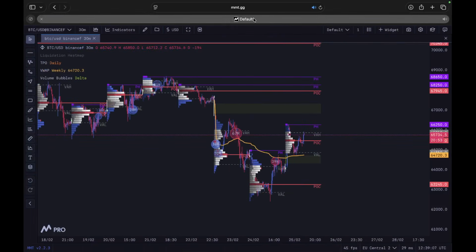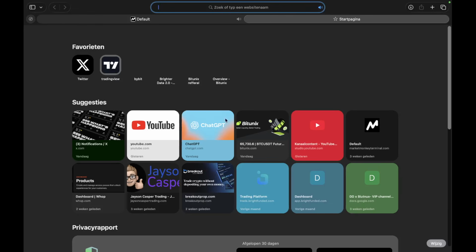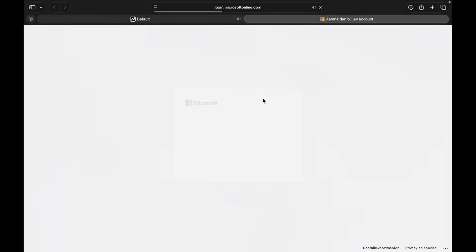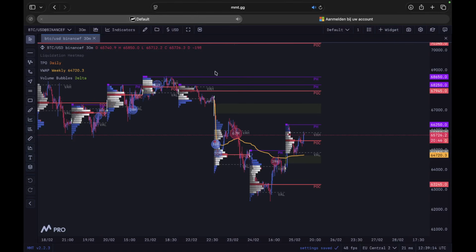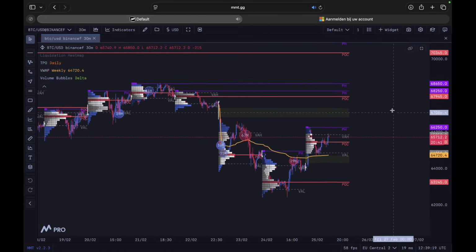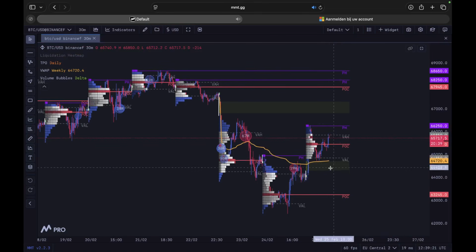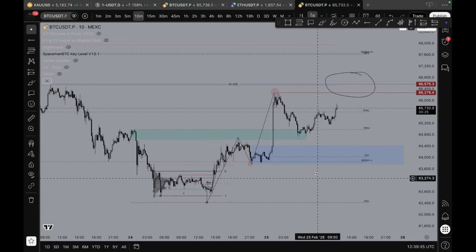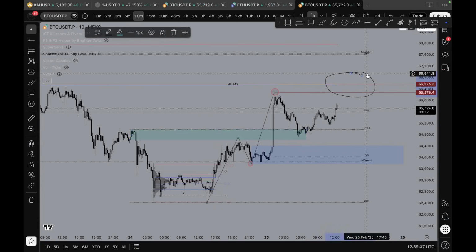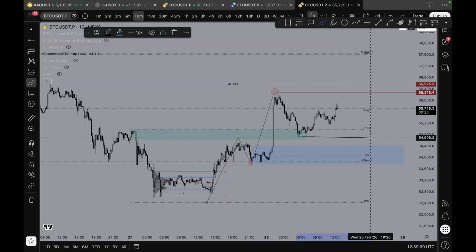Right now, I want to quickly look at the statistics. Okay, so I need to log in so I can show you this. We are above the weekly VWAP. We have some single prints below us and above us. My main POIs here are that VWAP and the FVGs below us, which align with this zone.